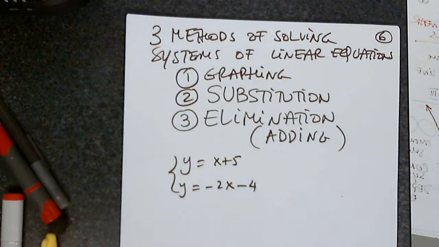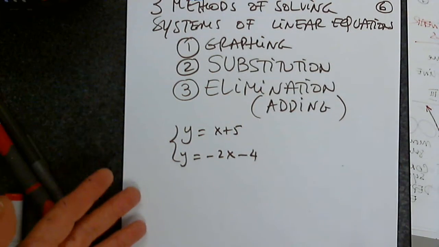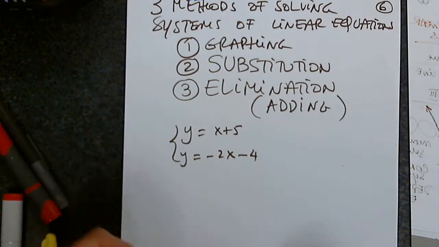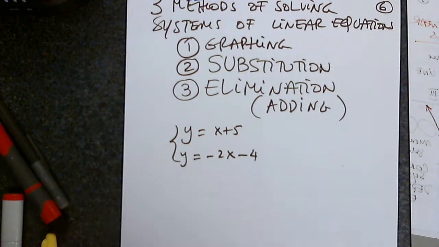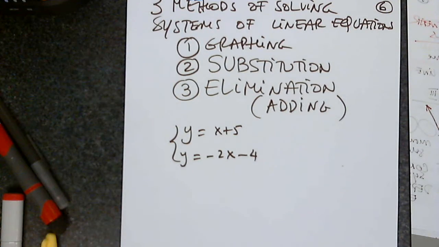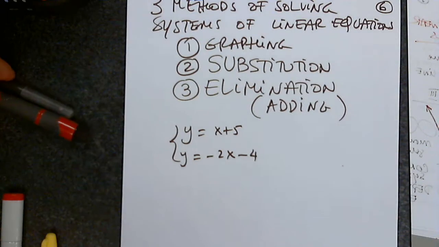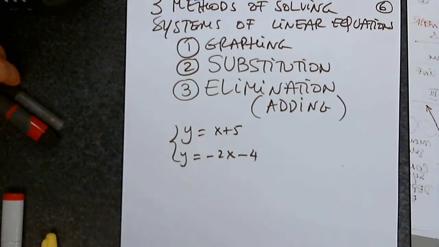Why? Because I can never be 100% exact. If the professor gives me graphing paper, it's easy to identify the points and see where they intersect. But I may not have that given to me, or I may not even want to try before I solve algebraically. This is what I would do.